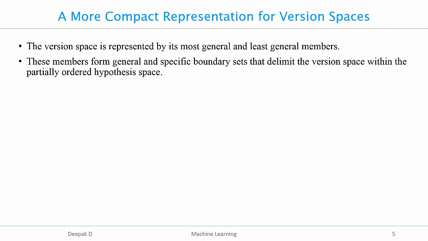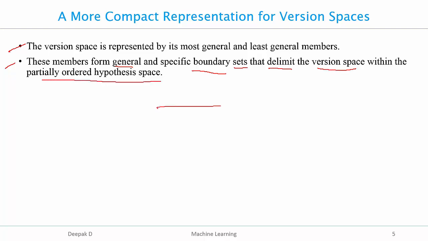It is represented by its most general and most specific members, and these members form a general and a specific boundary, that is, sets that delimit the version space within the partially ordered hypothesis space.